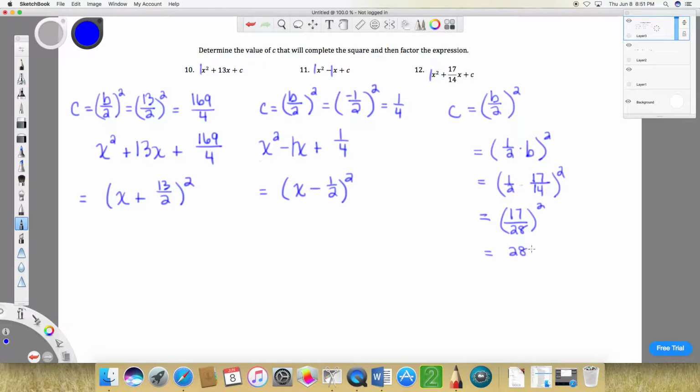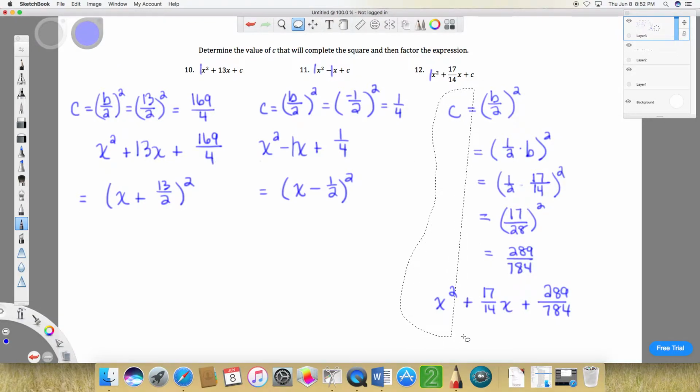I'm going to square that. 17 squared is 289. Now, 28 squared, I don't know. I'm going to have to use my calculator. 28 squared. 784 is what I get. All right. So what that tells me, if I return back to this trinomial, if they had asked me, hey, I want you to factor x squared plus 17 over 14x plus 289 over 784, that looks pretty intimidating.